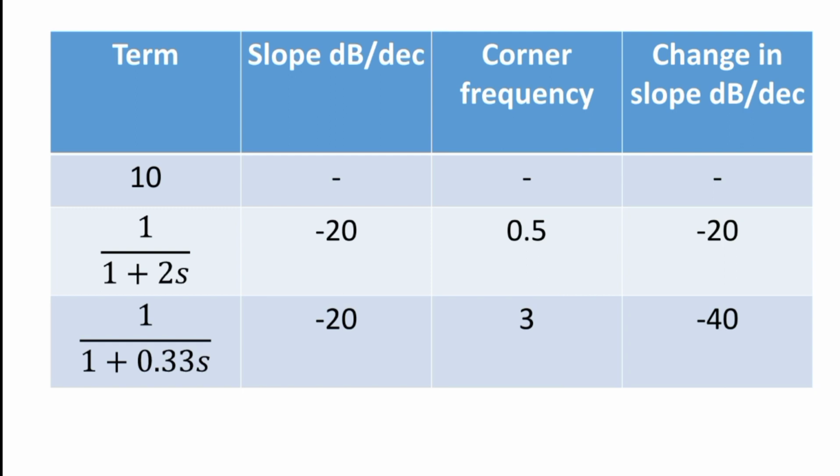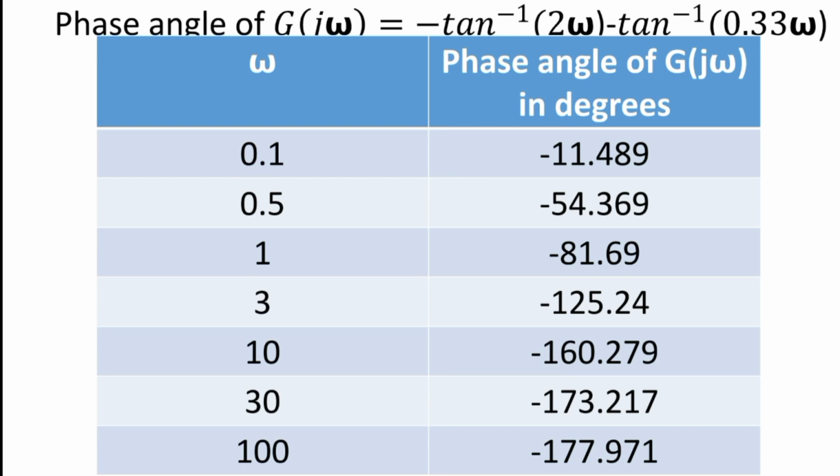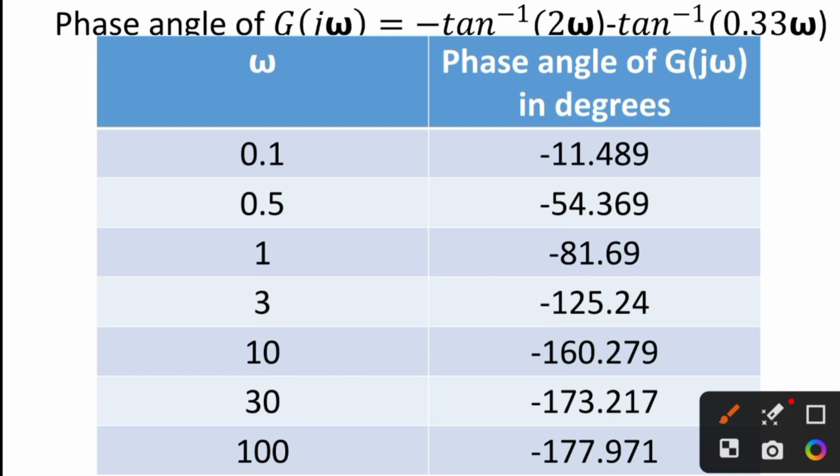Now moving on to the next slide. Phase angle of the G of j omega. It is given by minus tan inverse of 2 omega minus tan inverse of 0.33 omega. The phase angle of G of j omega is found out by the equation minus tan inverse of imaginary part divided by real part.